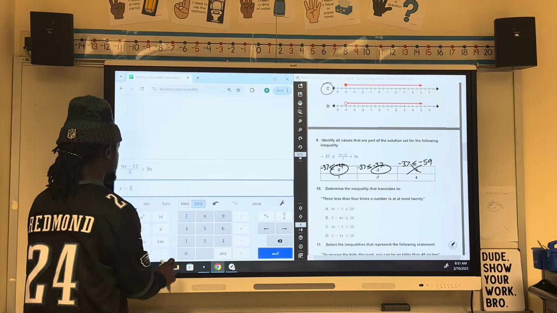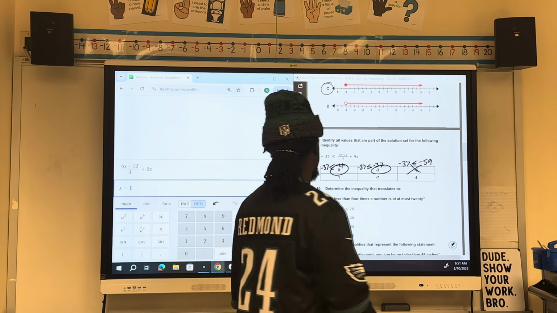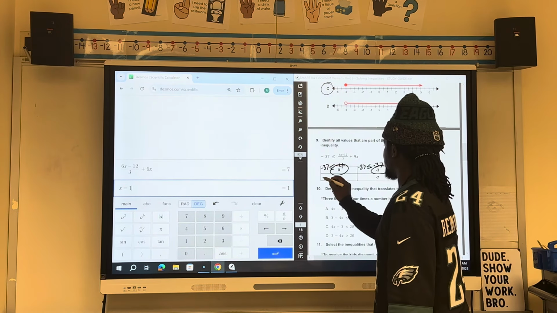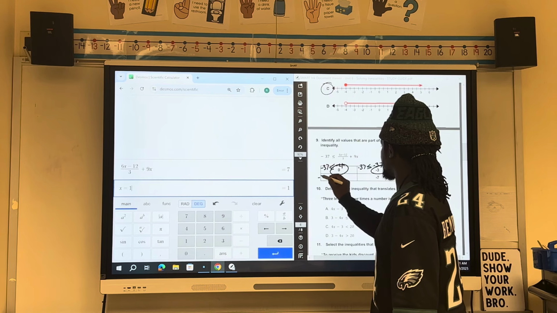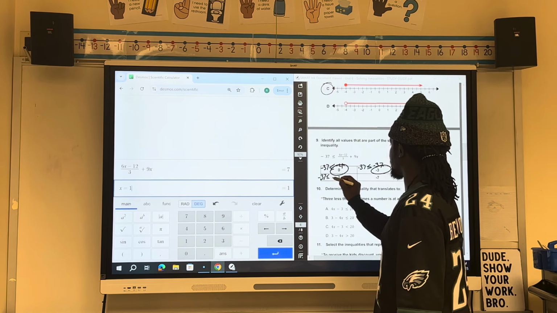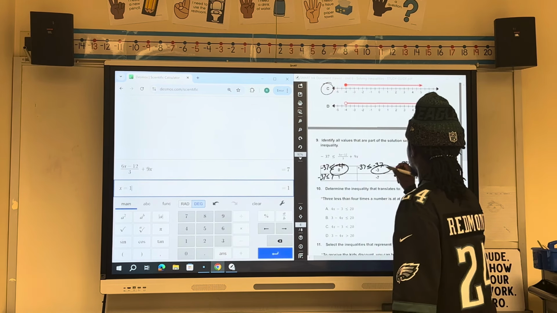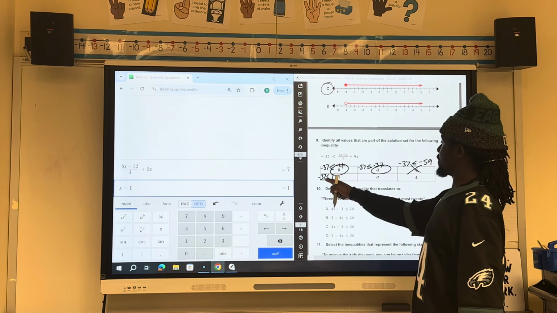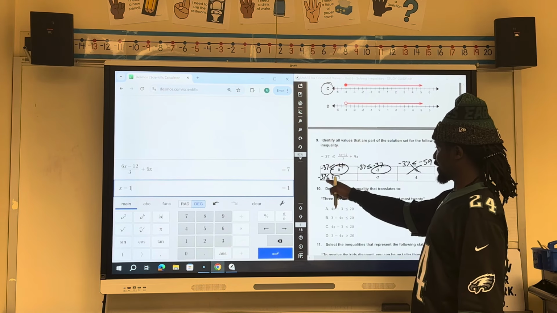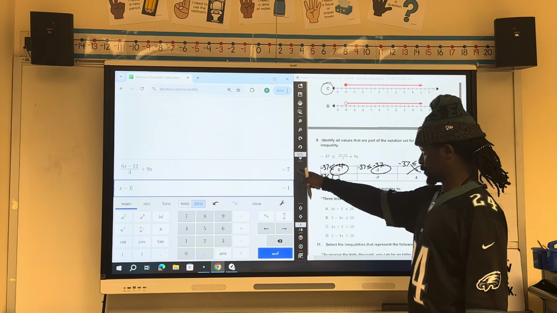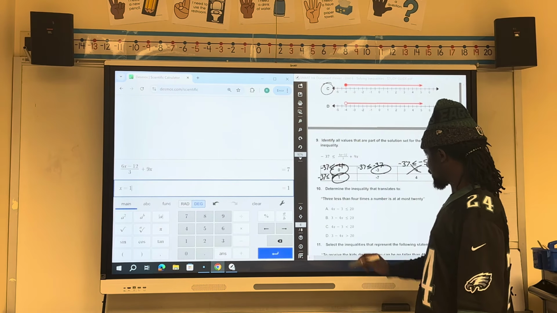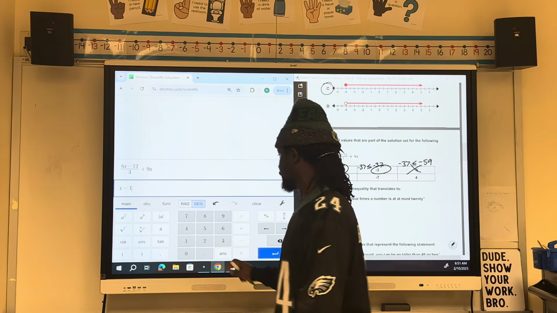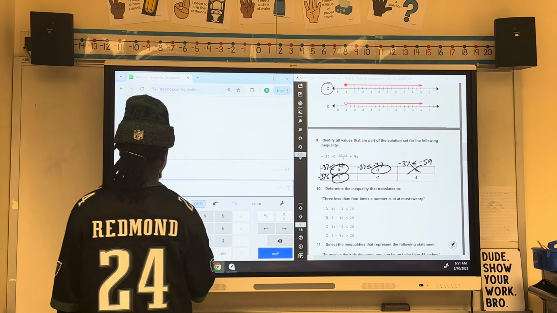When we put in 1, we get 7. So we got negative 37 less than or equal to 7. Again, that is true, right? Because negative 37 is less than or equal to the 7 that we get when we put in 1. All right, let's put in negative 7.